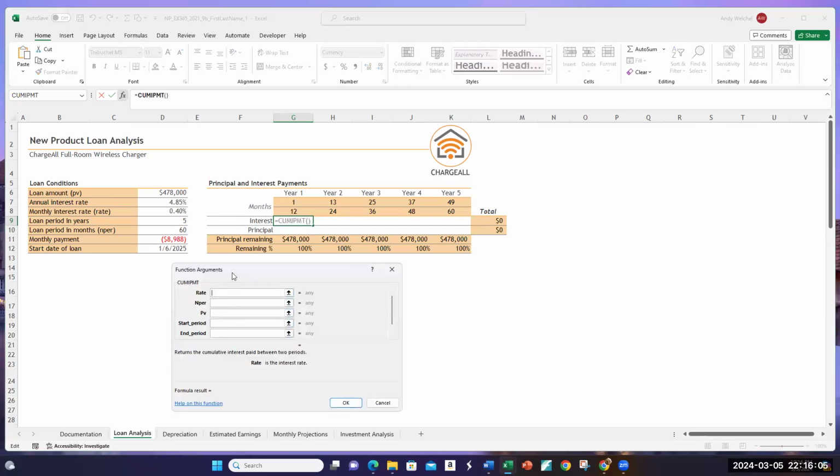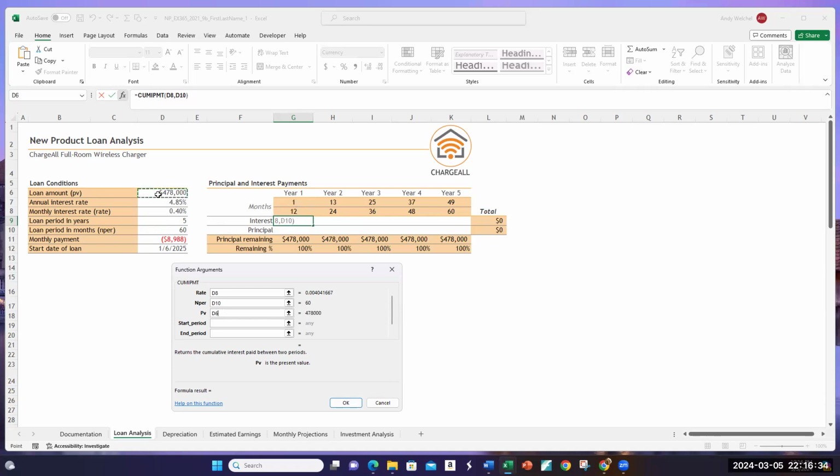There's 5 arguments. The interest rate, again, we're going to use the monthly interest rate. The number of periods, how many payments are we going to make? That's 60. The present value is what we borrowed, that. Oops, sorry.